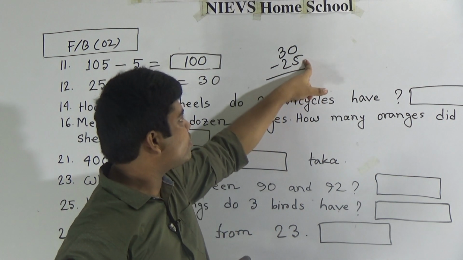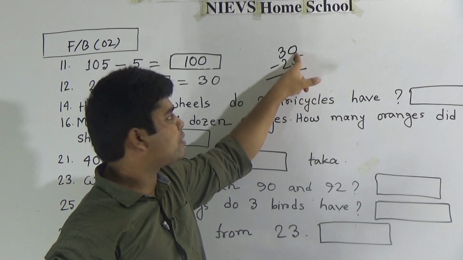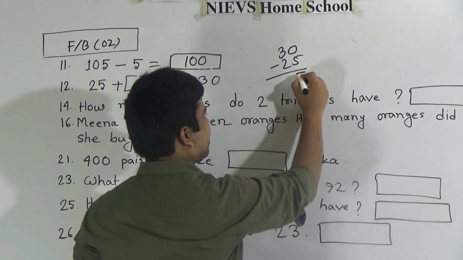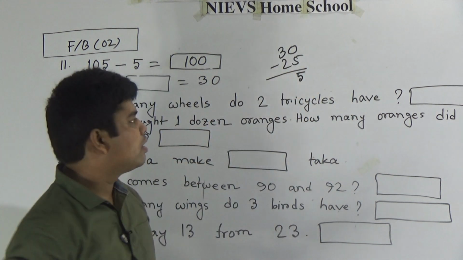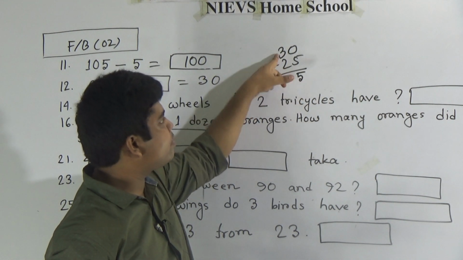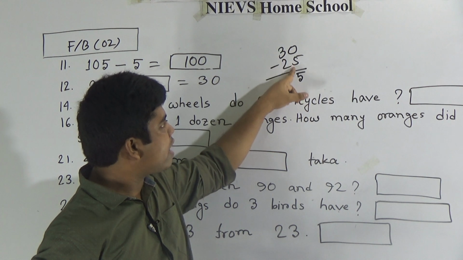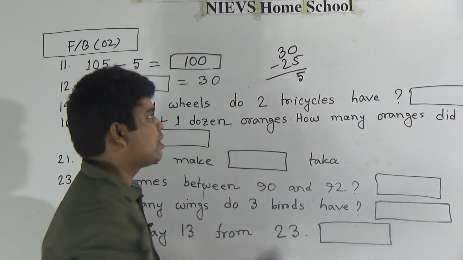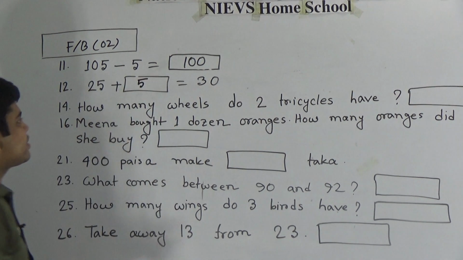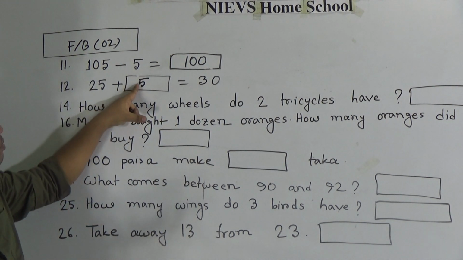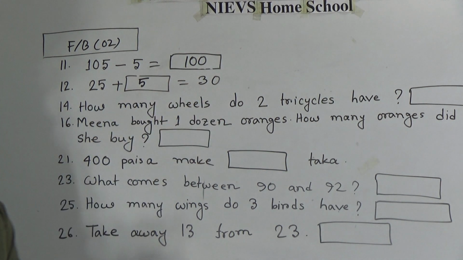For this reason, we take 1 and it will be 10. Now, we subtract 5 from 10 and we get 5. Okay. And carrying on, that 1 is added with this 2 and it will be 3. So, we subtract 3 from 3 and we get 0. So, if we subtract 25 from 30, then we get 5. So, the answer will be 5. Now, notice, if I add 5 with 25, then I get 30. Okay? I hope you have understood.